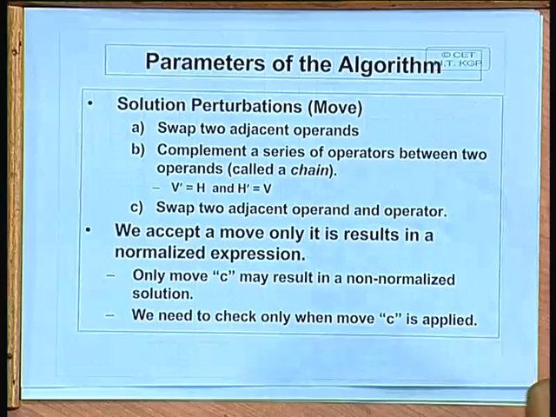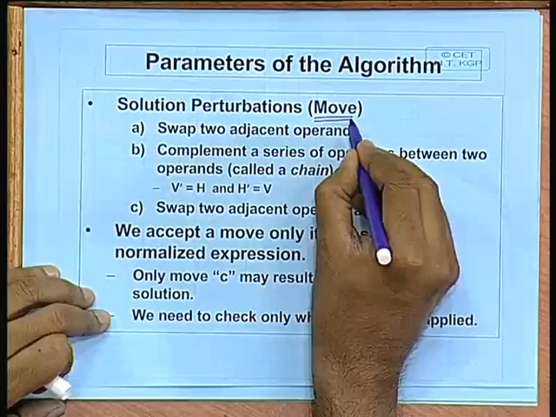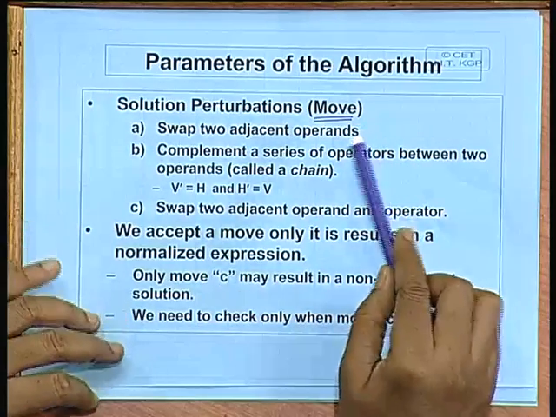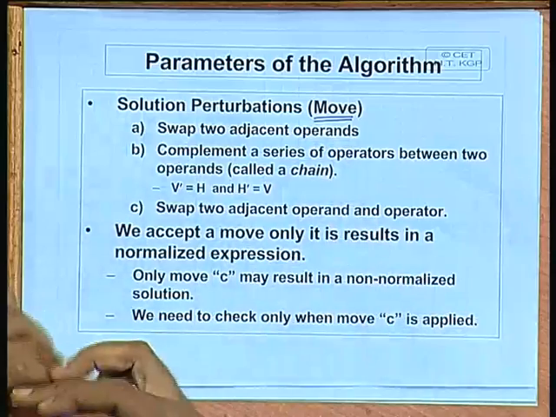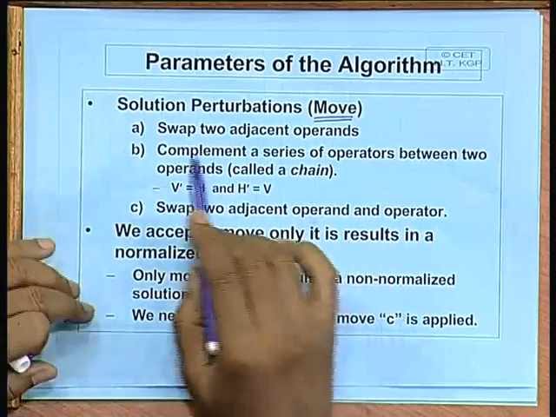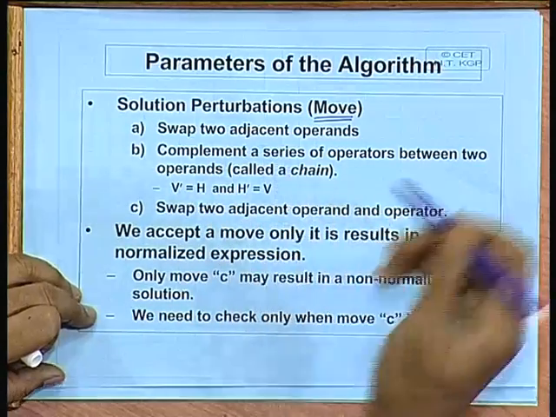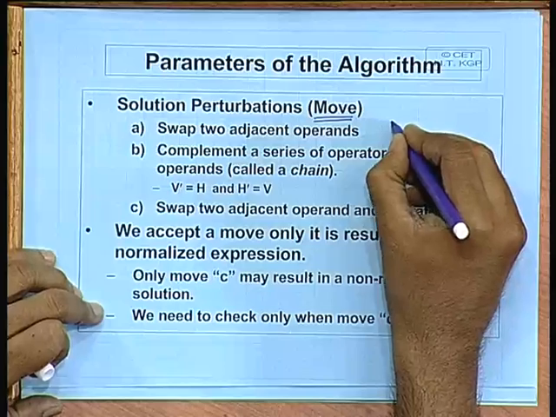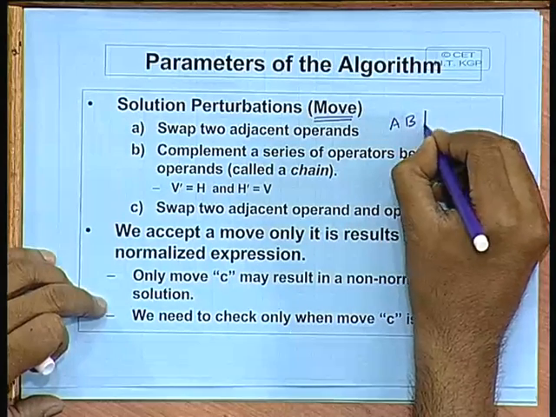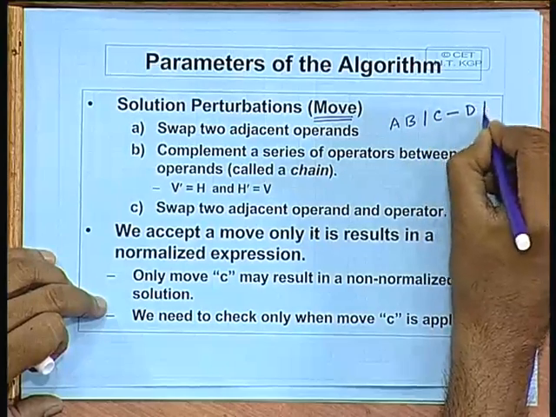Regarding the other parameters, first let us define the various moves that we can have for going from one particular solution to another. In terms of the Polish postfix notation, there are three different moves which are defined. A particular Polish notation may look like this: A, B, say vertical partition, C, horizontal partition, D, vertical partition.